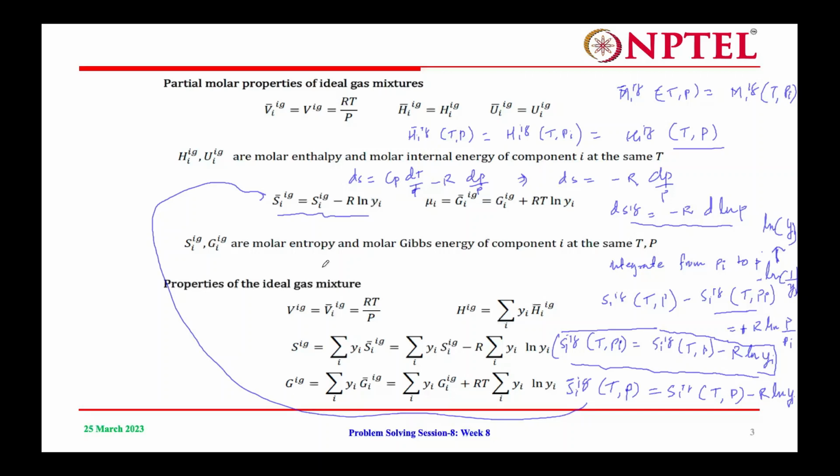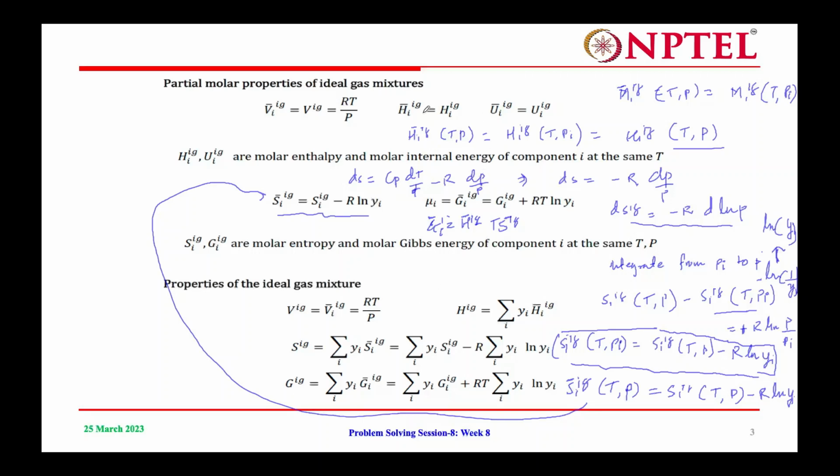Now we get the partial molar Gibbs energy. We know the equation G = H - TS, so you can write it for the ideal gas with the partial properties.